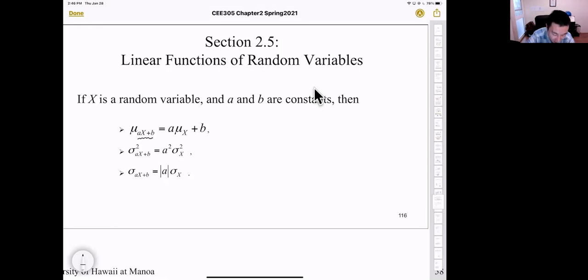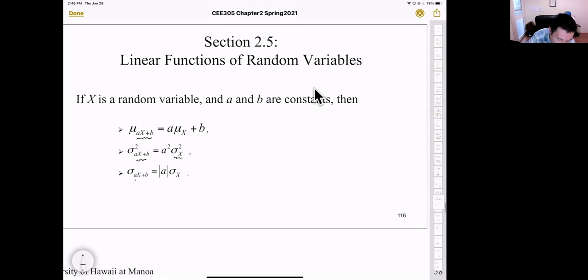For the variance, the variance of aX plus b is equal to a squared times the variance of X. And the standard deviation of aX plus b is equal to the absolute value of a times the standard deviation of X.